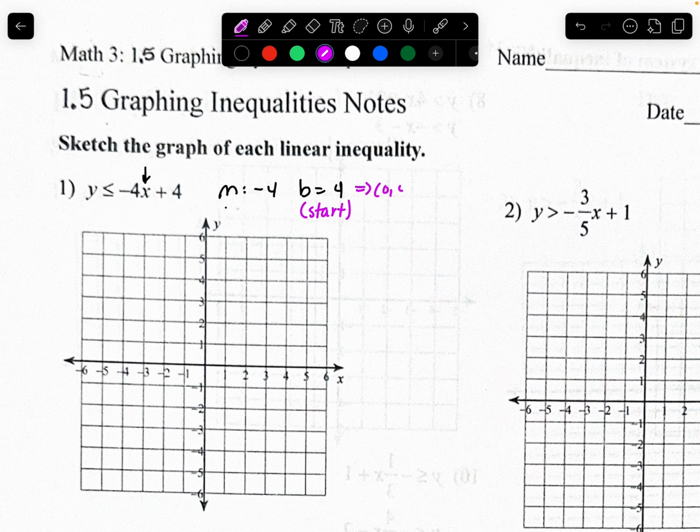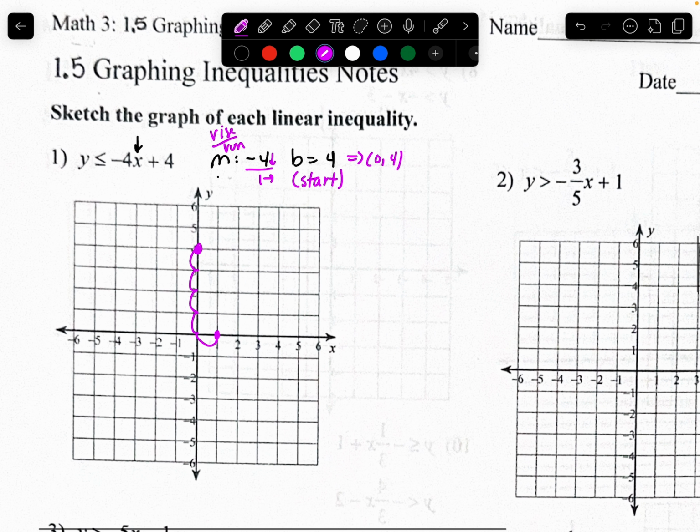Start at 0, 4. Up here, if there's a whole number, you just put a 1 underneath it. So you go down 4, 1, 2, 3, 4 to the right once. Okay, rise over run. Rise over run. And then you just basically do it again, so your lines are a little bit more accurate.